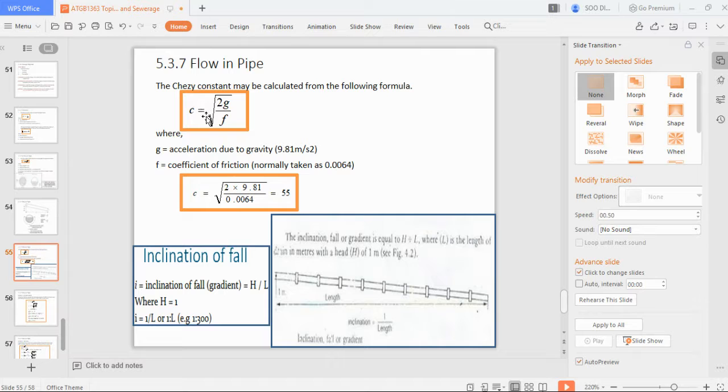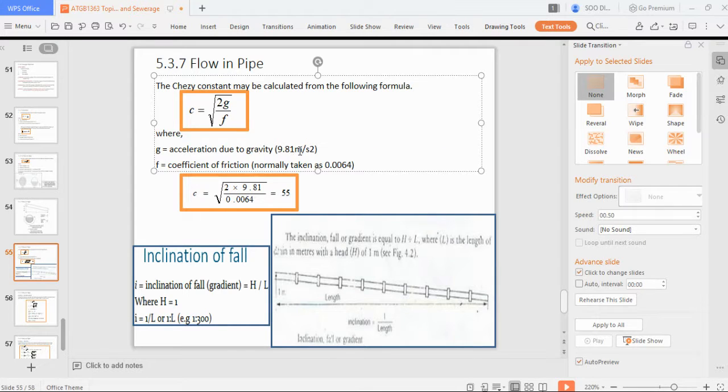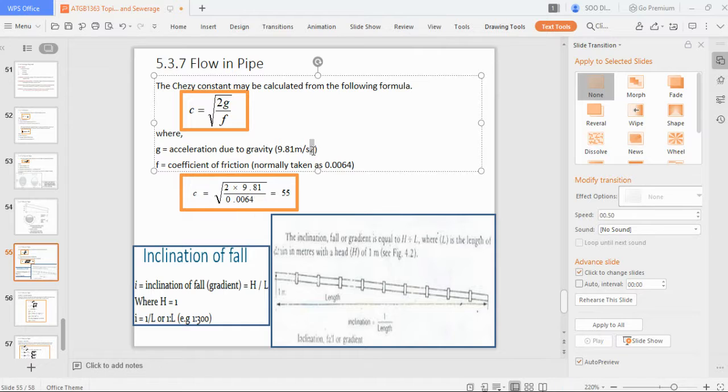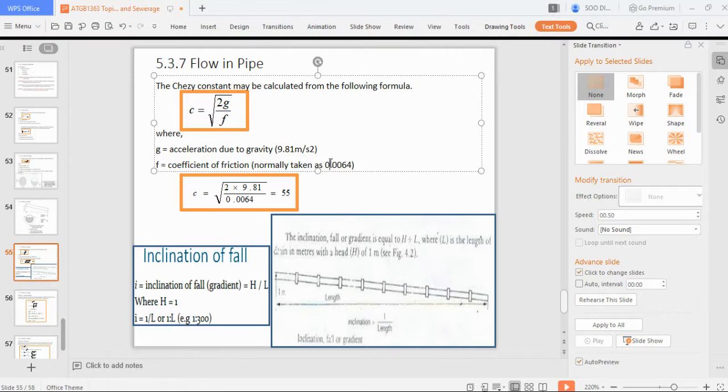So C is equal to the square root of 2g divided by f. For this part, g is acceleration due to gravity, which is always a constant, 9.81. And for f, the coefficient of friction, this will be given to you, either 0.0064 or as the question stated.